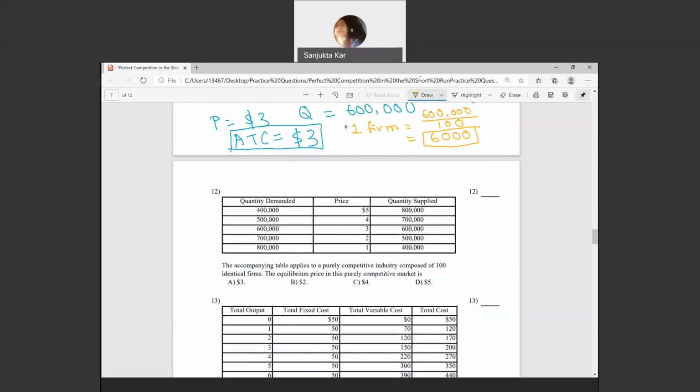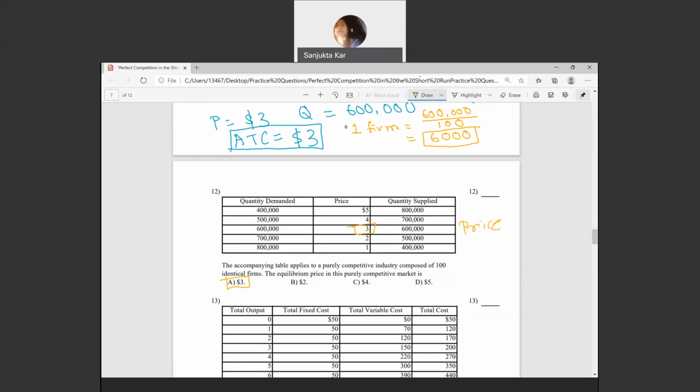Now let's move forward. Question number 12. I have the same graph here. The price is $3. Equilibrium quantity is 600,000. They're asking us to find the equilibrium price. The equilibrium price is $3. In this perfectly competitive market, just to let you know, the farm is a price taker.